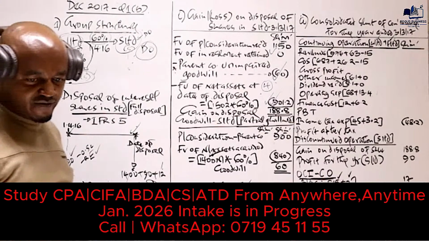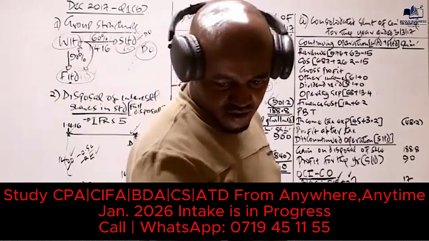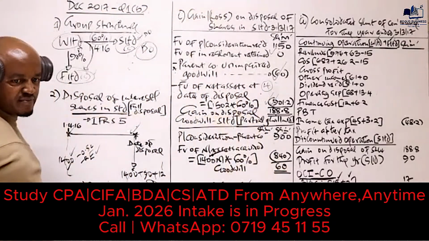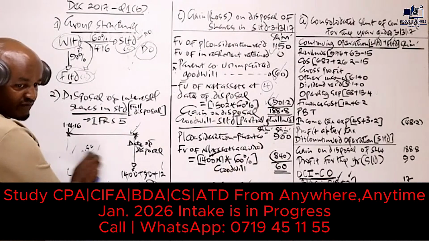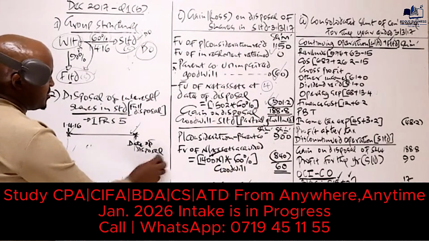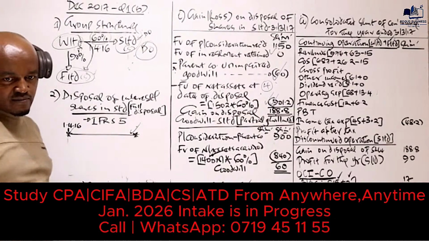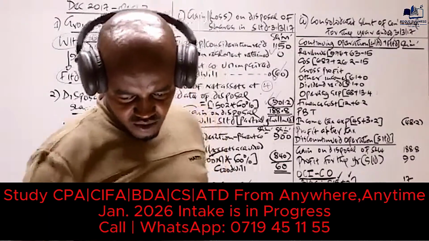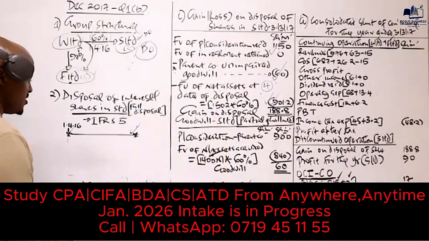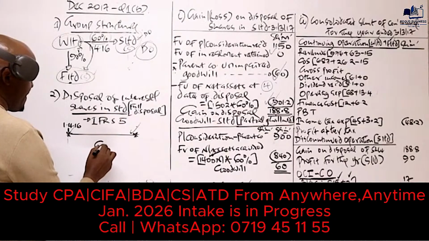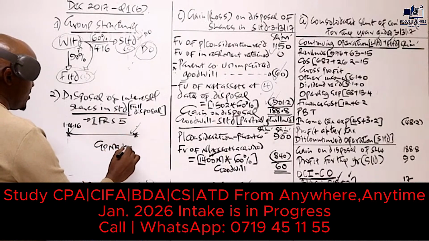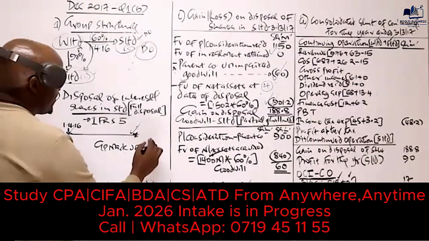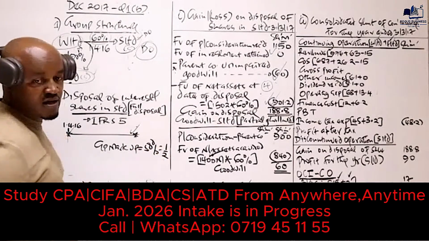Are we given the gross profit margin? We are not. What we have in our question is the gross profit markup, which is given as 50%. 50% is the same as a half.